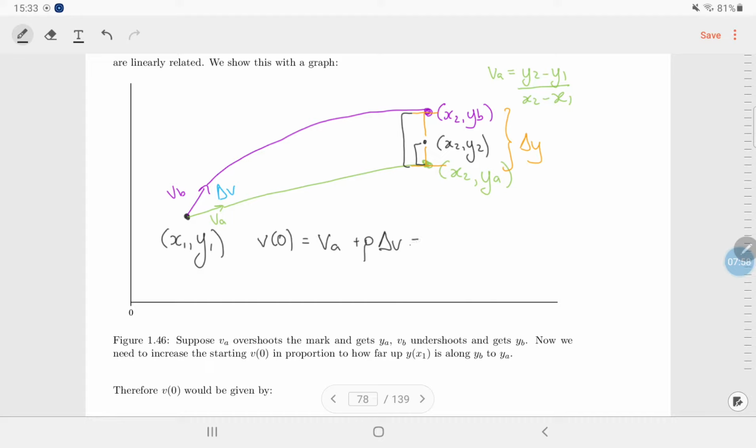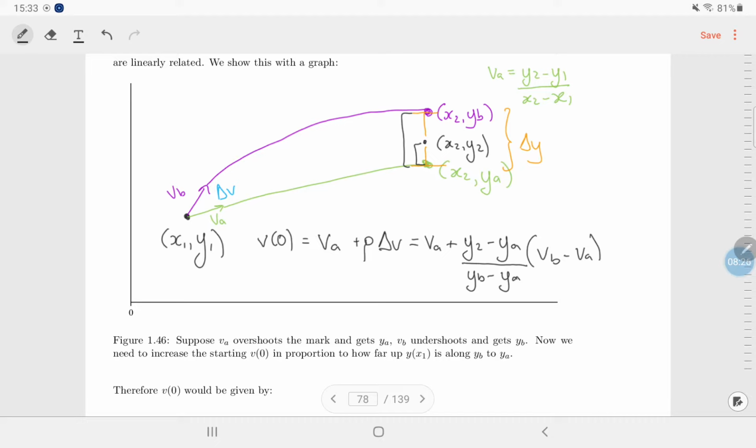So let's write this down. The proportion is y2 minus yA, out of the total, which is yB minus yA. And then the difference in slopes is vB minus vA.